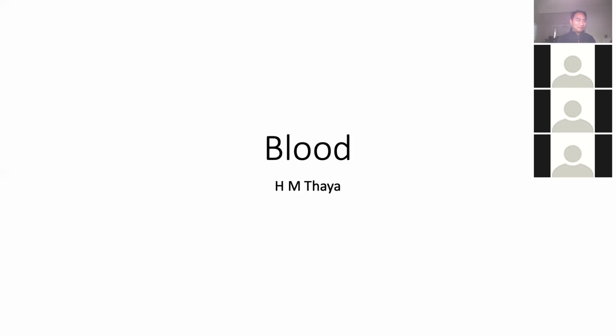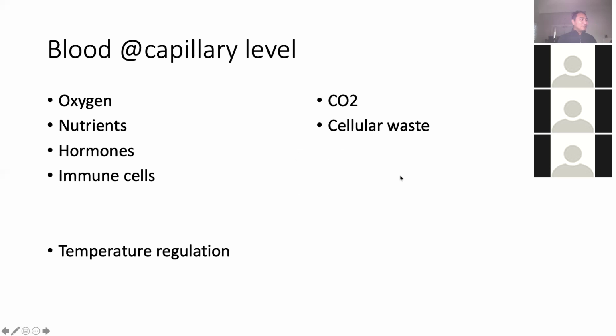So we're going to talk about blood today, so that we sort out another type of connective tissue in our body. What does blood do in our circulation? Of course, it works at the capillary level, not in the elastic artery, medium-sized muscular artery, or arteriolar level.